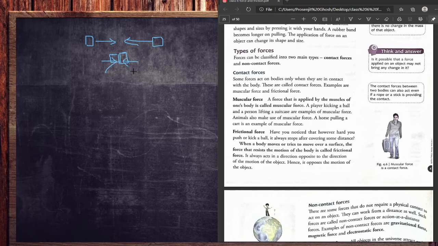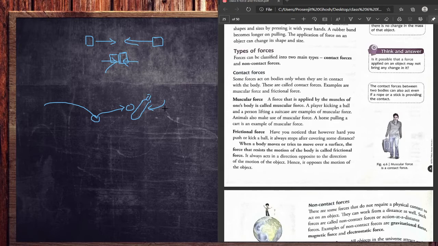If you ask me for an example, suppose in cricket a ball is coming towards you and you hit that ball with your bat. You touch that ball with your bat, which means a contact happened between the ball and the bat. By this contact you are applying some force, so this is also an example of contact force.